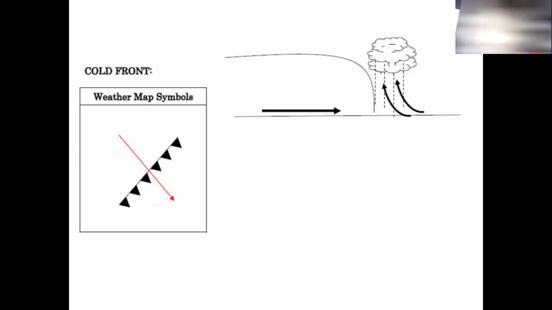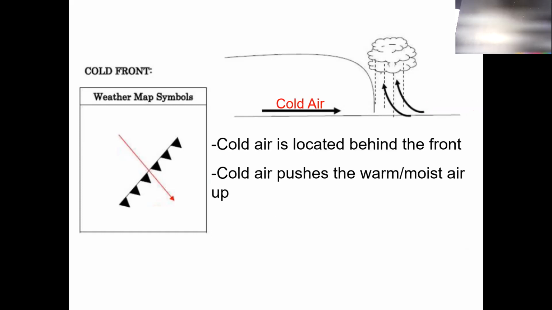And here's what we need to add to our notes. So we're going to add these. First we'll say cold air is located behind the front. And this is similar to the phrasing used in war. You have the front and the people behind that front.